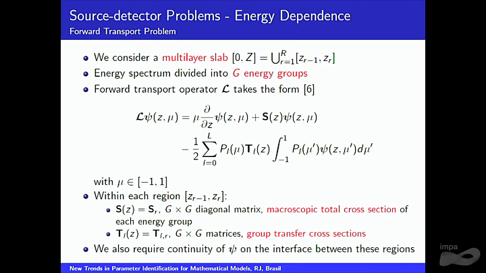Then we went for a little bit more complex model, still a one-dimensional model, but now we consider the energy dependence of the particles. So here we basically have a vector version of the previous equation, where now we have matrices that include parameters like the macroscopic cross-section and scattering parameters.